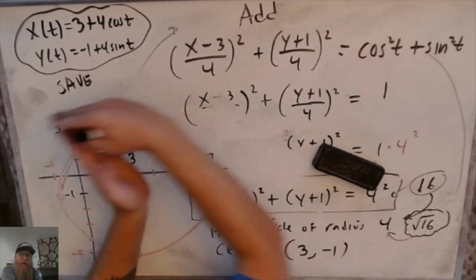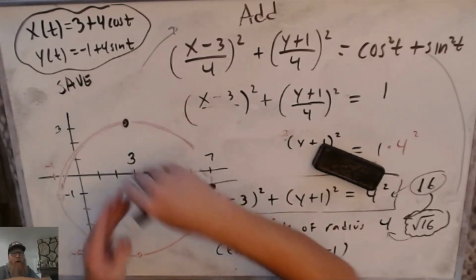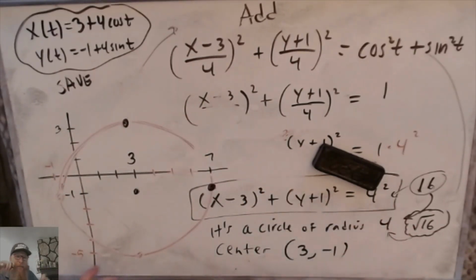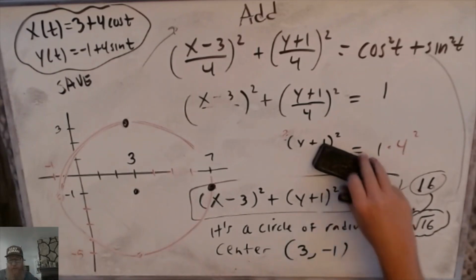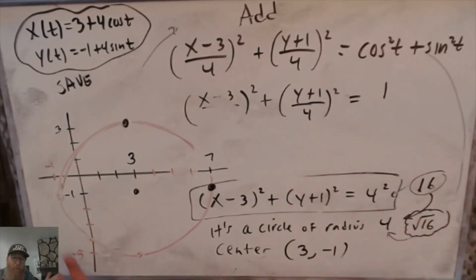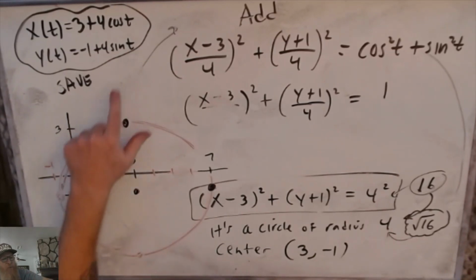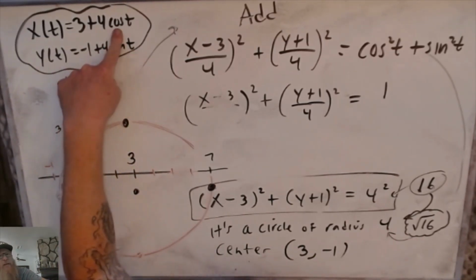Now plot 1 more point. If that point goes counterclockwise, which it probably does, because most of these trig functions go counterclockwise. If that point goes clockwise, then just denote it either way. The most common is counterclockwise. So pick an easy number like pi over 2. So cosine of pi over 2 would be 0.